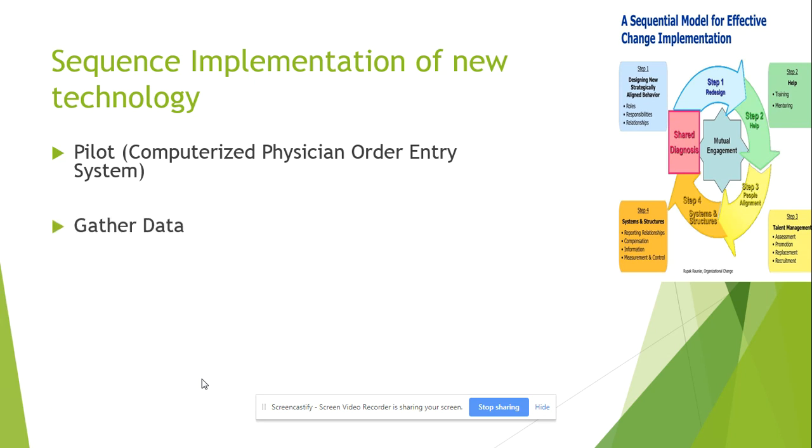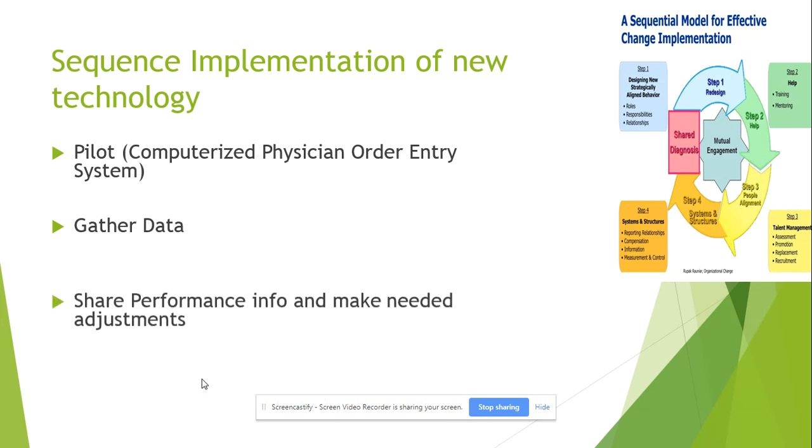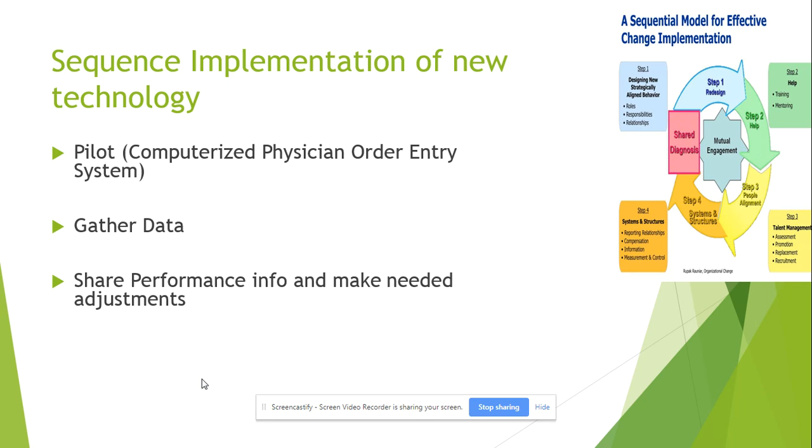We can pilot this program in certain clinics or certain departments, and from there we can gather the data, share the performance info, and make needed adjustments if need be.